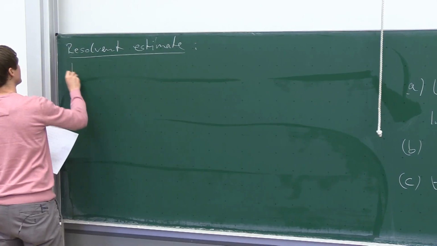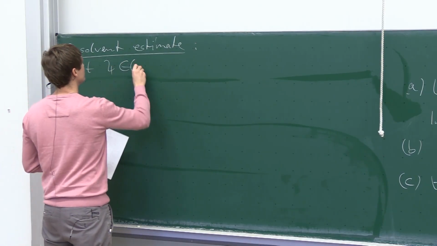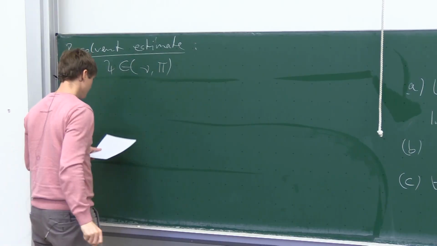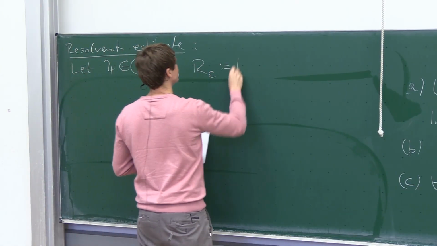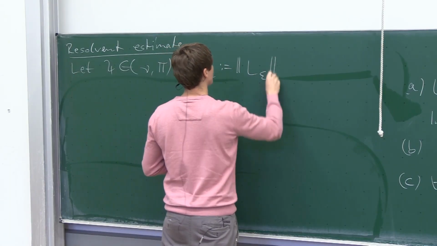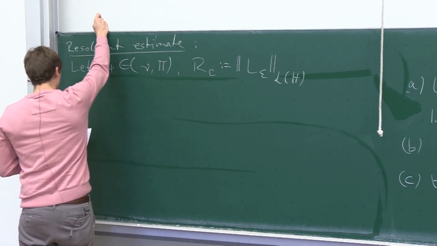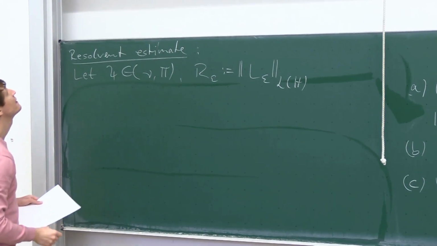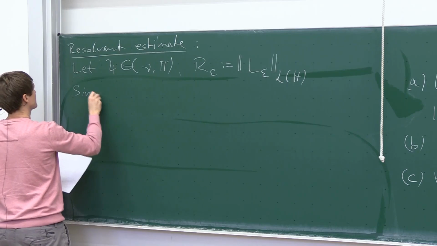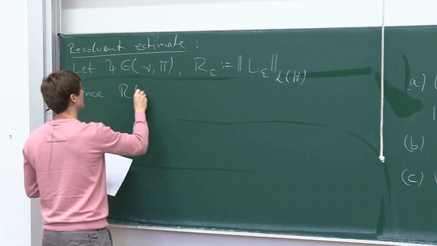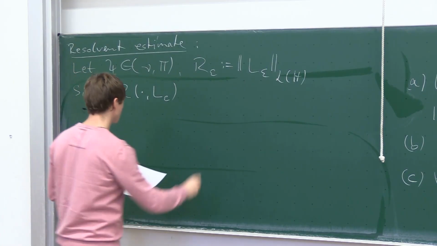So let psi be some angle between nu and pi. And let's say we take R epsilon to be the operator norm of L epsilon. And we know that the resolvent function of L epsilon is continuous.